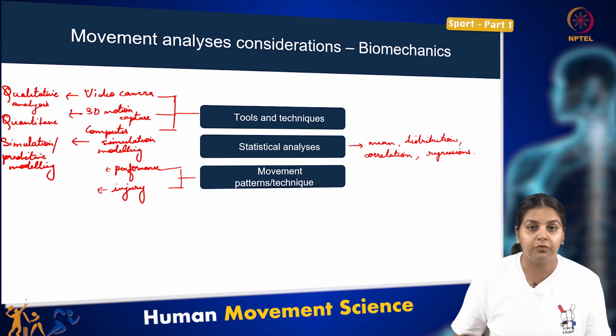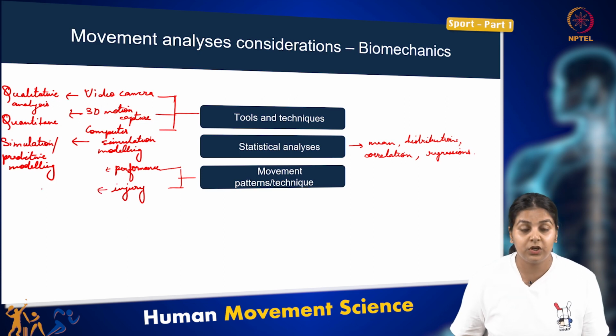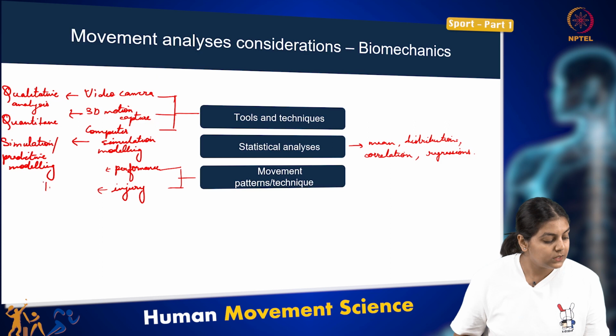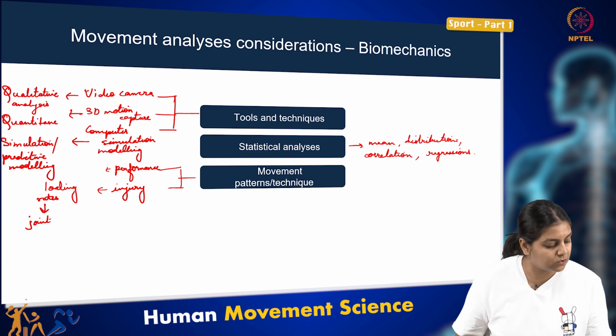However, in injury profiling, or injury patterns, sometimes you can look at how loading is happening. So you can look at loading rates, for example. And loading rates also give you what's the stress on the joint, right? So if you're having, for example, an increased amount of compression stress, just one example, it's not the only thing.